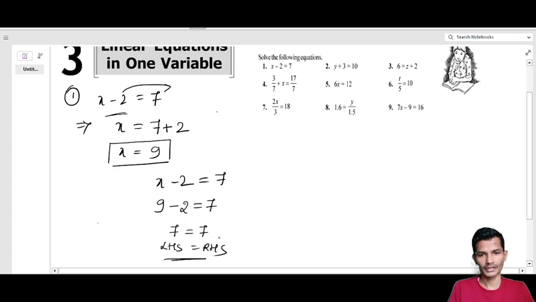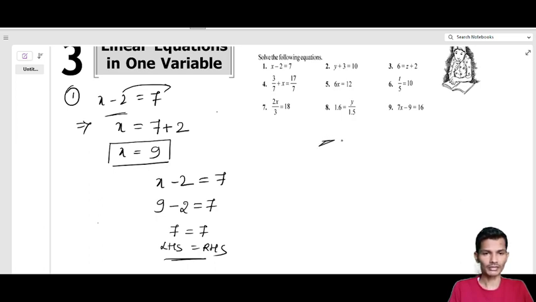Keep in mind that whenever we are taking any sign to the opposite side of the equals to sign, if I'm taking a minus 2 to the other side of the equals to sign, then it will become plus.